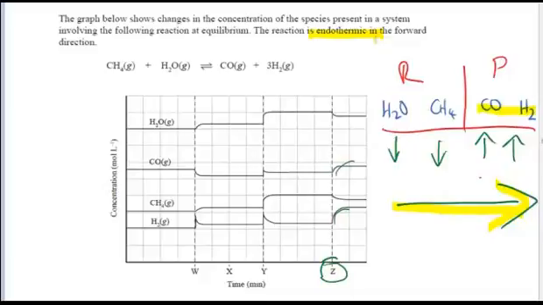If it's shifting in that direction, and we know that this is the endothermic direction, that's a cooling kind of effect, we know that we must be increasing the temperature, because if we increase the temperature, it's going to shift to the side that favours the endothermic direction, and the endothermic direction is to the right, it favours the products. So we'd be talking about that in our answer, and that's that question answered.